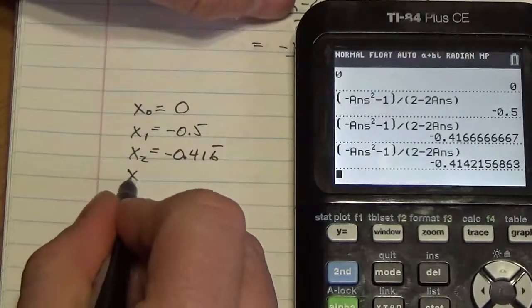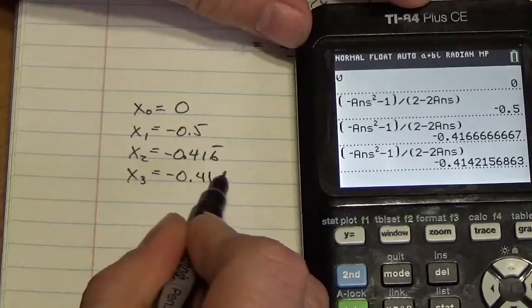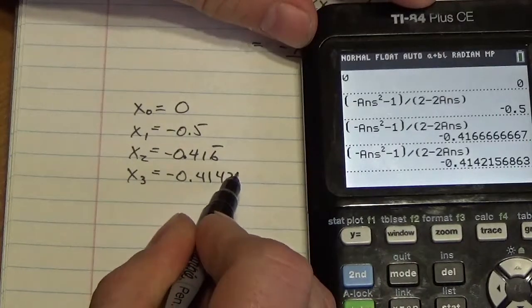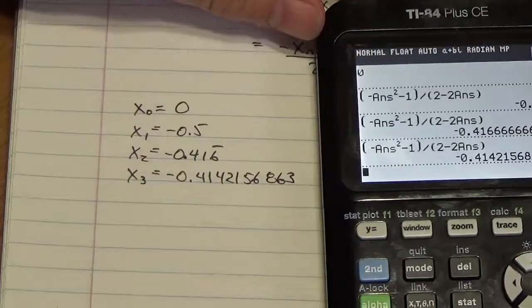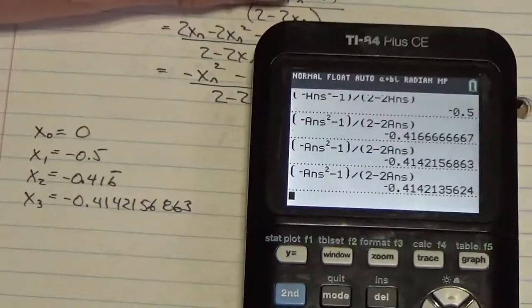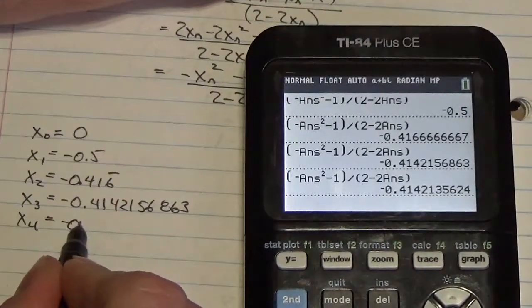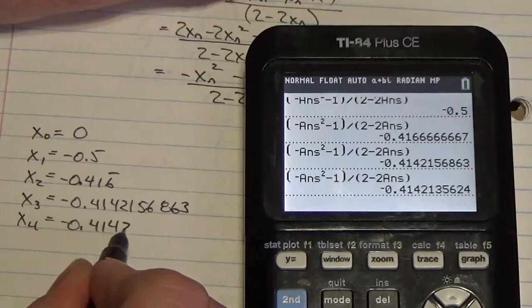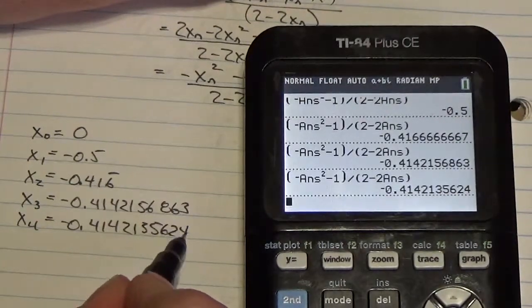Okay, x3 is going to equal negative 0.4142156863. Let's do it again. x4 is going to equal negative 0.4142135624.